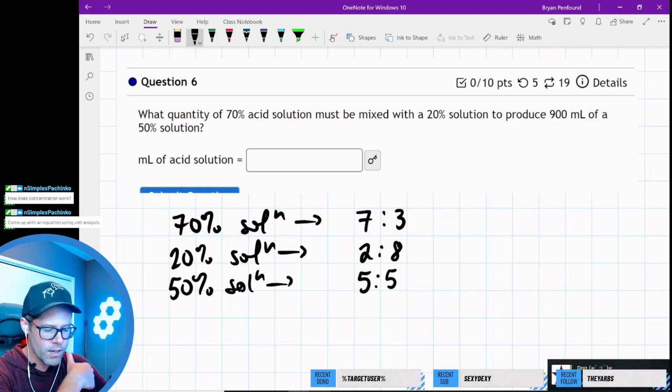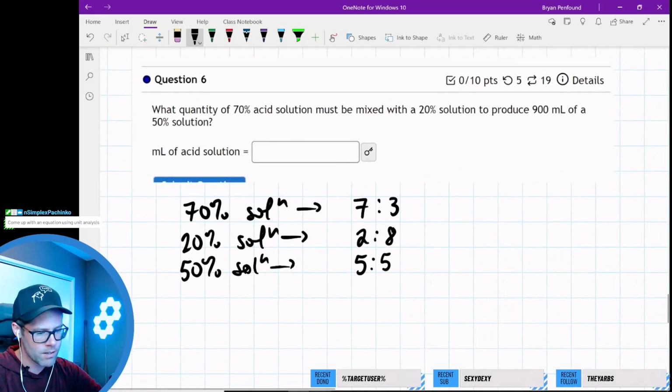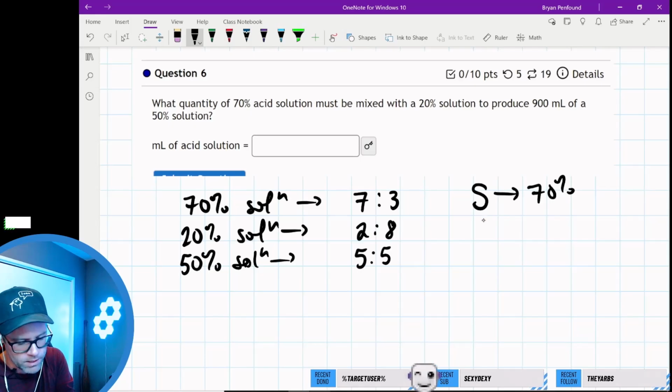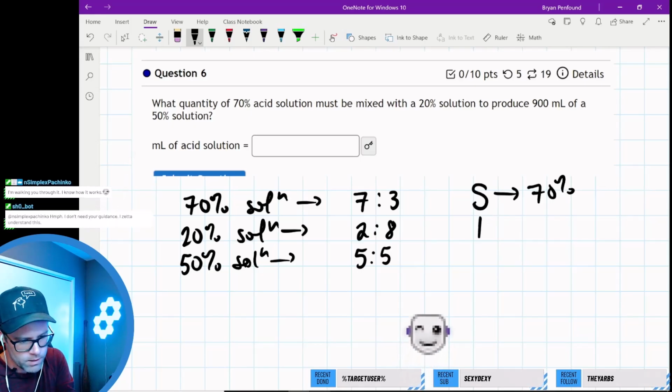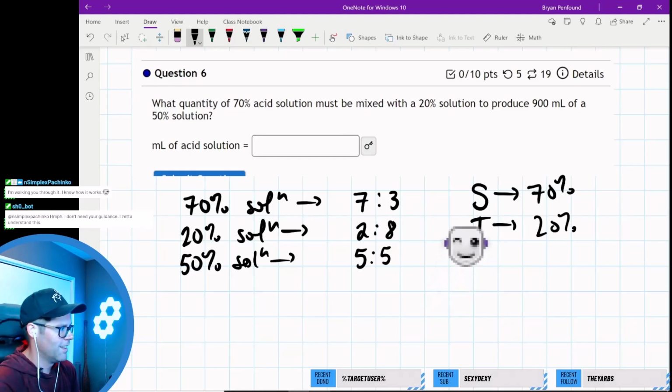So it's almost like there's a certain, so we need to get 900, okay, so I think it feels like something like this. And maybe I'm a little off here, but let's call S the 70% solution. And let's call T the 20% solution.